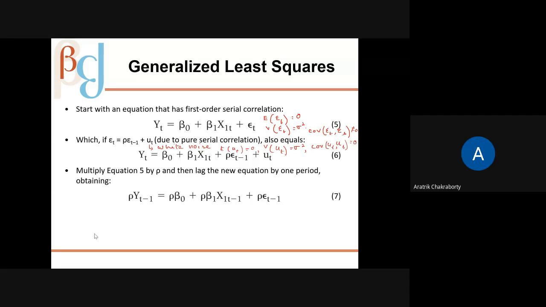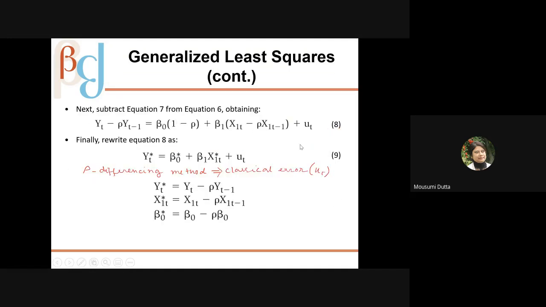Not autocorrelated, okay? Because ut in our model is not autocorrelated, it is a white noise. So when we are converting the equation, the error term in the equation is not autocorrelated.